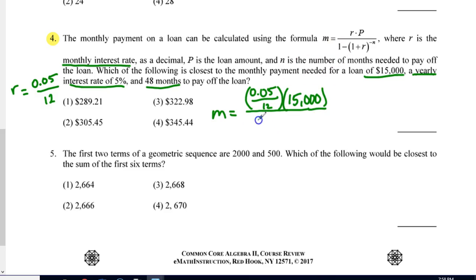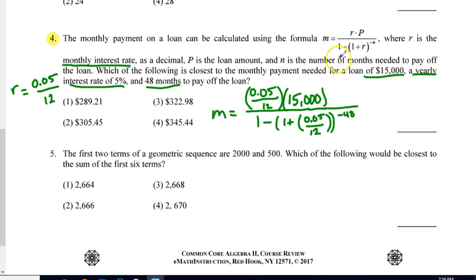The denominator is 1 minus 1 plus R. Again, R is this rate. Raised to the exponent, get another set of parentheses here. Raised to the exponent negative 48 because there were 48 pay periods, 48 months.